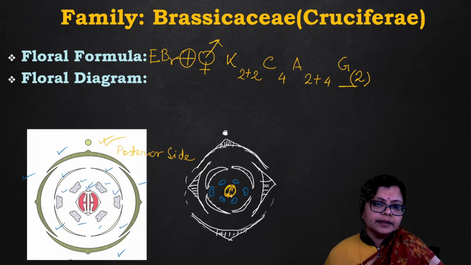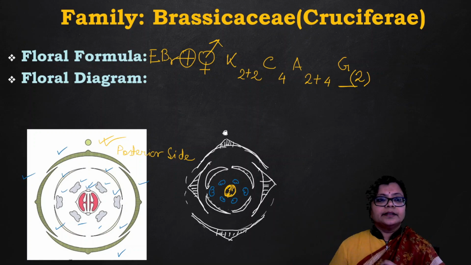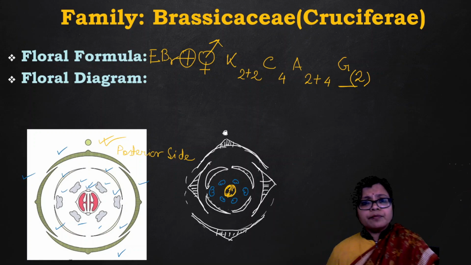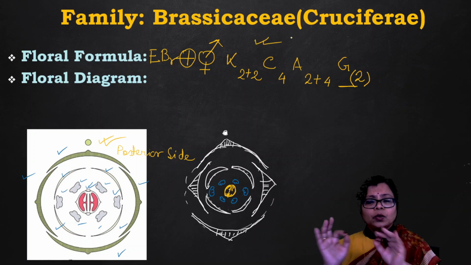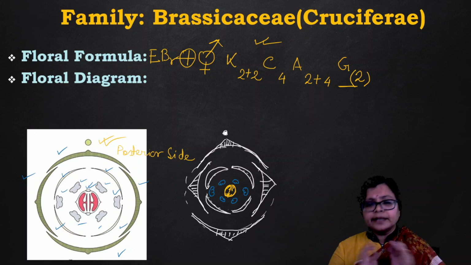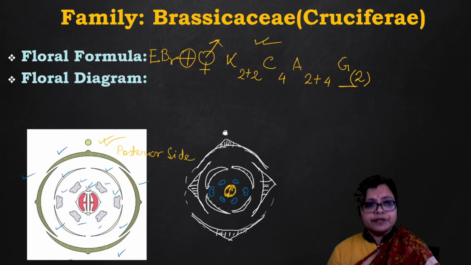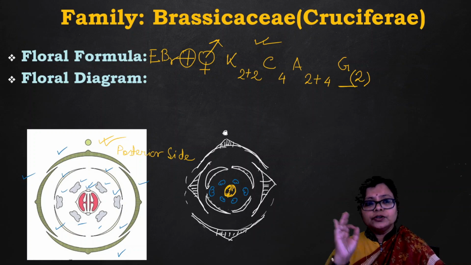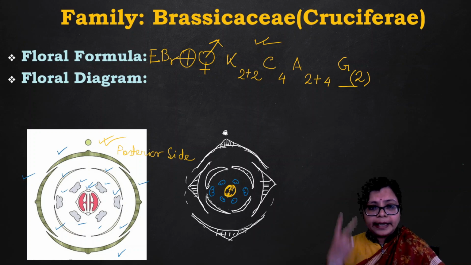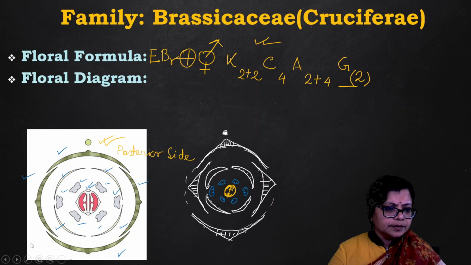So from the floral formula we can describe the characteristic features of the flowers, or if the characteristic features are given, we can draw the floral formula and also the floral diagram. I feel this part is clear.